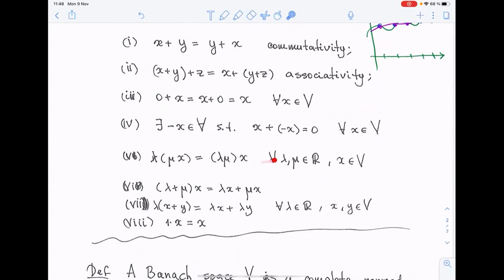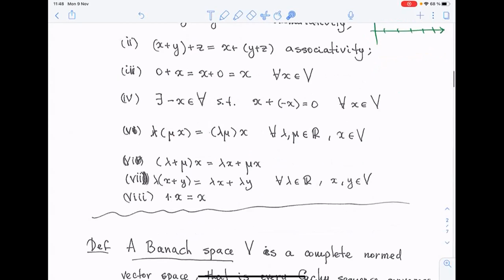This part is about the multiplication property. You multiply a vector by some constant, then you multiply this new vector by another constant. It is exactly the same as if you multiply the vector by the product of the constants. Also, you add the constants, then you multiply by the vector.